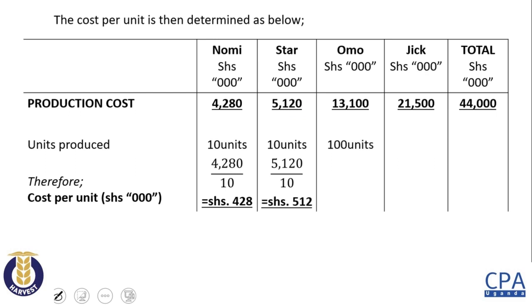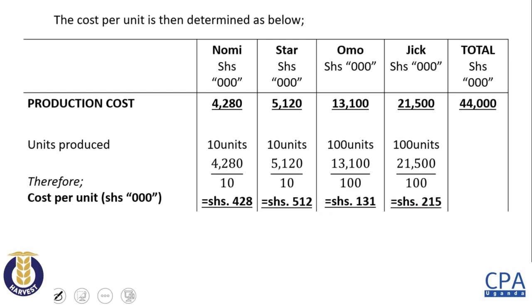You do the same for Omo, the 13,100,000 divided by the 100 units, and definitely for Jig, 21,500,000 divided by 100 units, and that should give you 215,000 cost per unit of Jig.